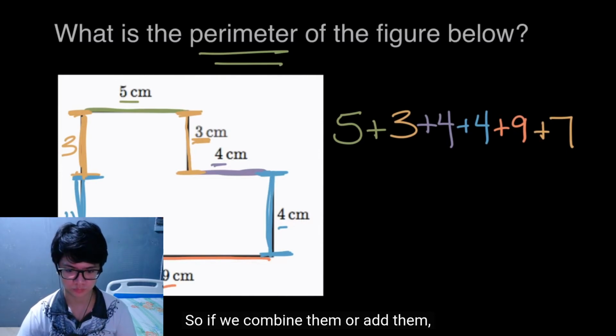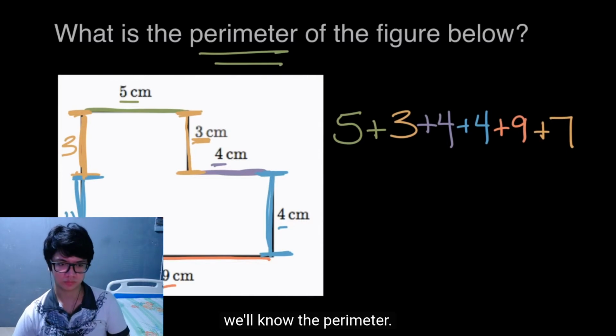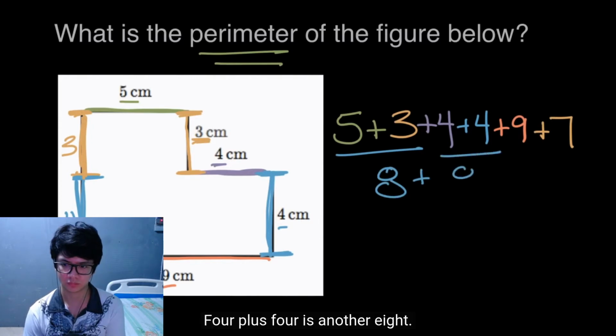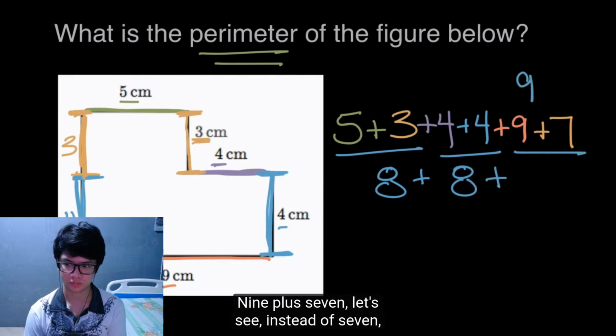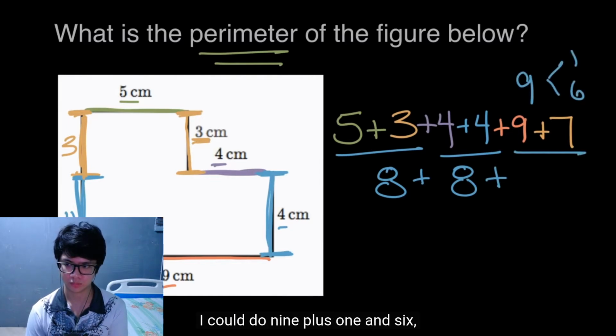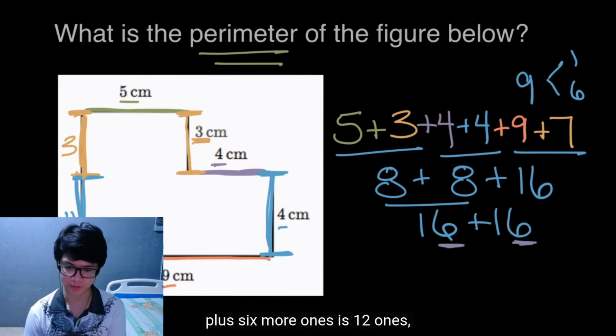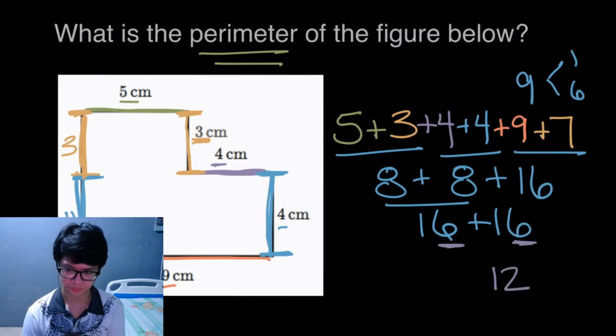So if we combine them or add them, we'll know the perimeter. So we can start: 5 plus 3 is 8. 4 plus 4 is another 8. 9 plus 7, let's see, instead of 7, I could do 9 plus 1 and 6, because that's the same as 7. 9 plus 1 is 10, and 10 plus 6 is 16. 8 plus 8 is another 16, so we have a 16 and a 16. 6 ones plus 6 more ones is 12 ones.